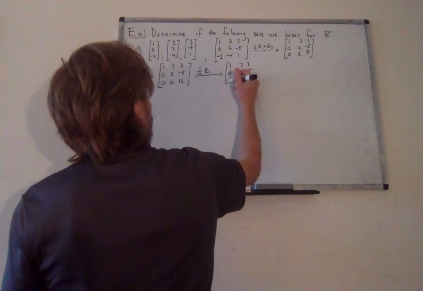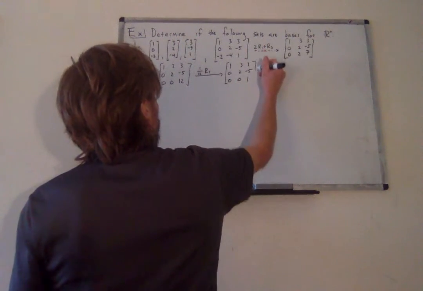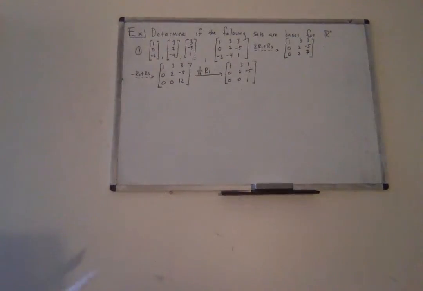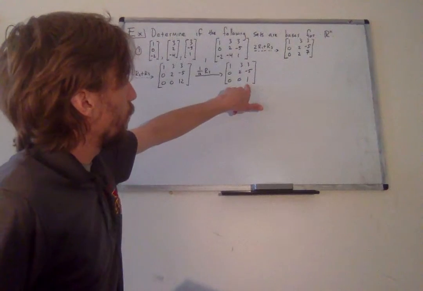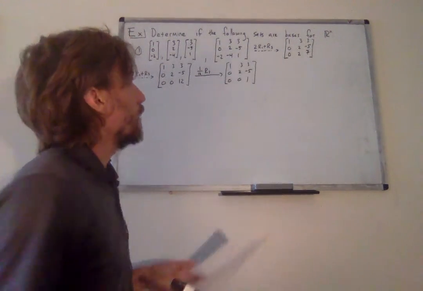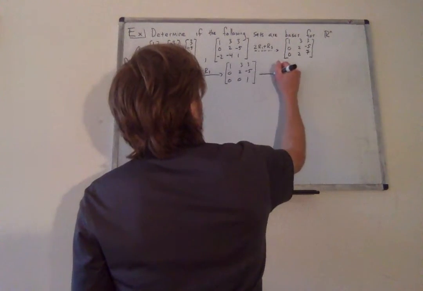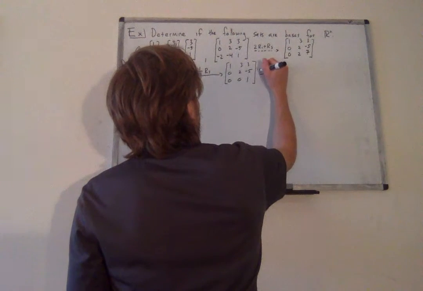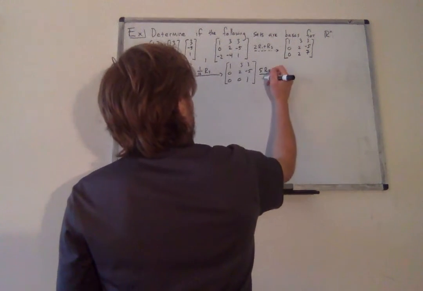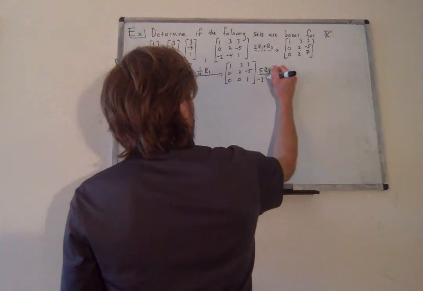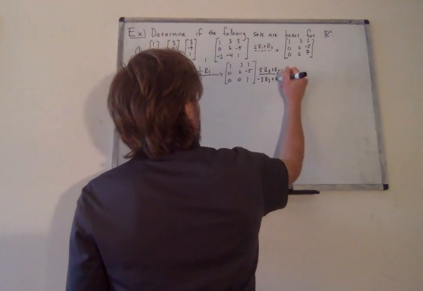So here I'm just following the generic algorithm. I'll try and speed this up a little bit. Now notice I can do a couple steps at once because I have a pivot 1 here. I can clear out the 5 and the -3. So I can do 5 row 3 plus row 2, and -3 row 3 plus row 1.